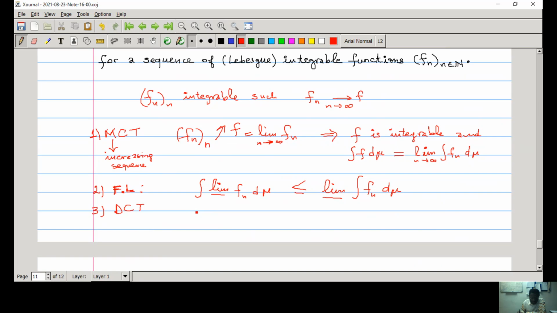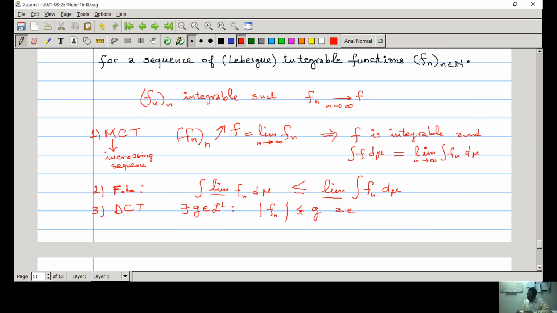The statement here is that if we can find an integrable function G such that all the Fn are less than or equal to G almost everywhere, meaning that the set of values for which this is not true is a null set, that is, mu of that set is 0.